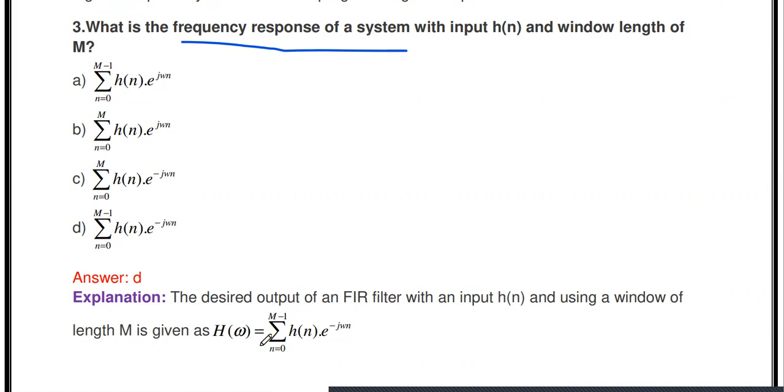The formula is H of omega equals summation n equals 0 to M minus 1, h of n e power minus j omega n. Here they are mentioning the length is M. So answer D is the answer. This is the frequency response of the FIR filter.